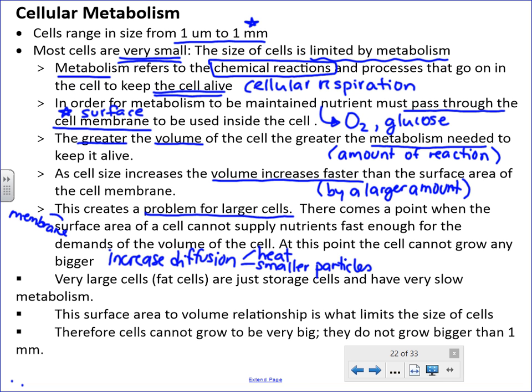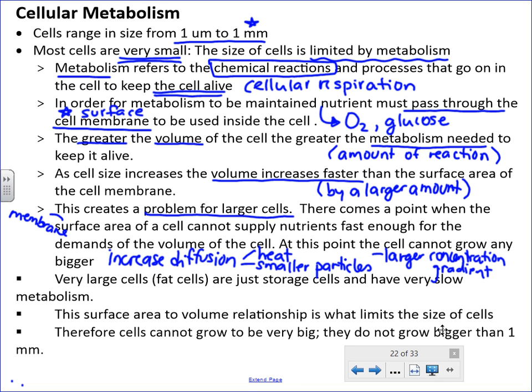Smaller particles can move straight through the cell membrane, whereas larger ones usually need a protein. We could also have a larger concentration gradient. All of those things could help a large cell have more transport across the surface area that it has. But even with those three things, we would still reach a point where I cannot get things in fast enough to supply the demands of the cell.